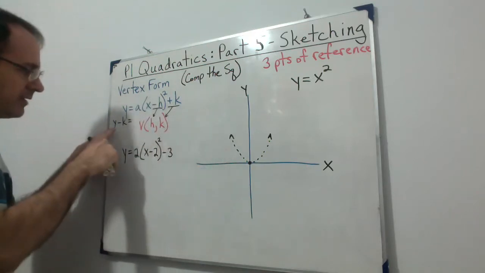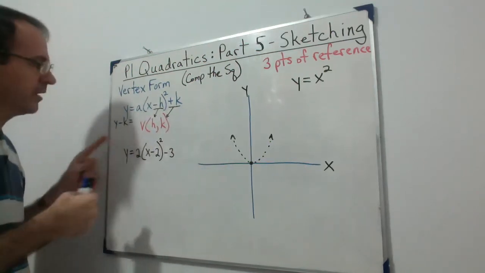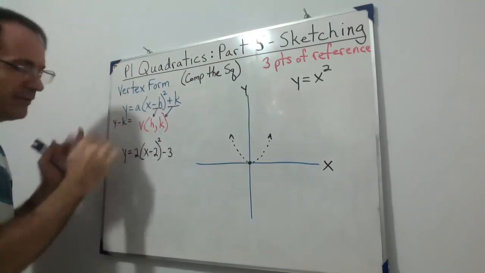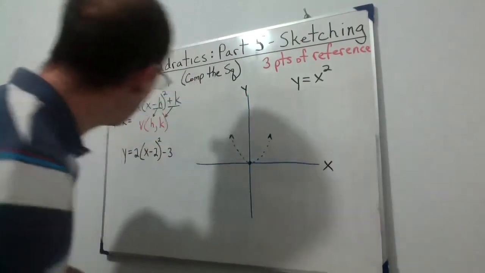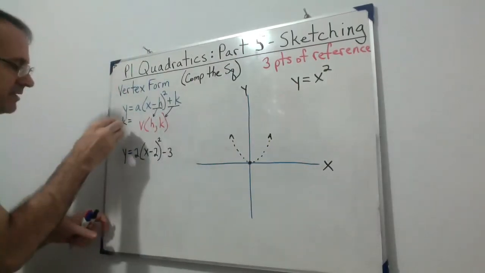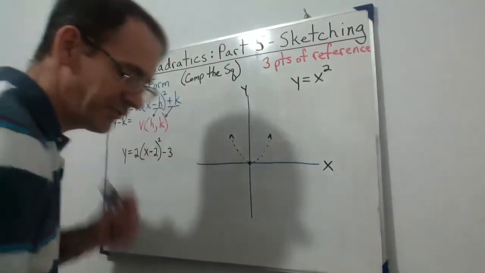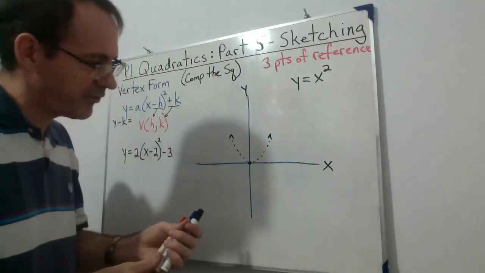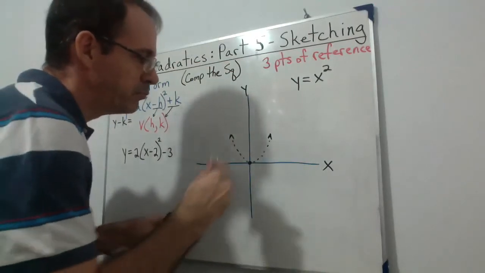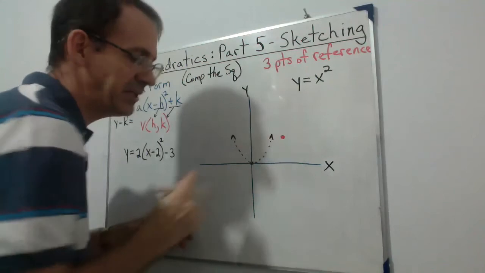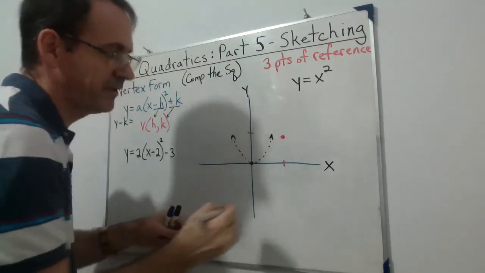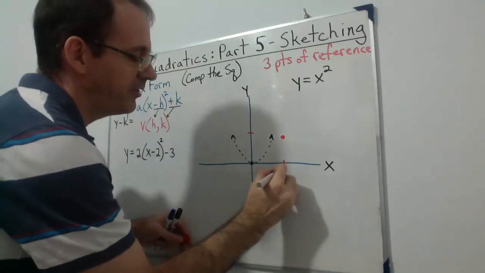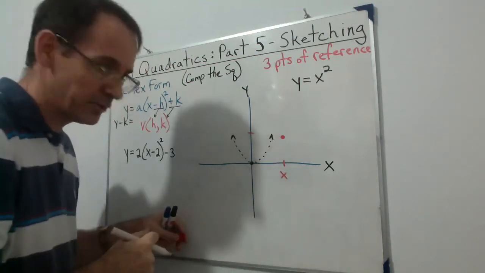So some curriculum will actually show this, but some don't even show that because we prefer to have the y as the subject. So I'll leave that just for now. So if our vertex is moved to a different location, so here's the x shift, that means here is your new x value.